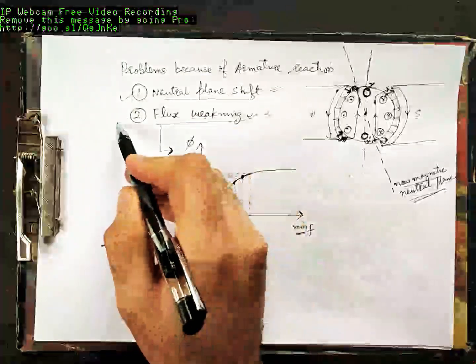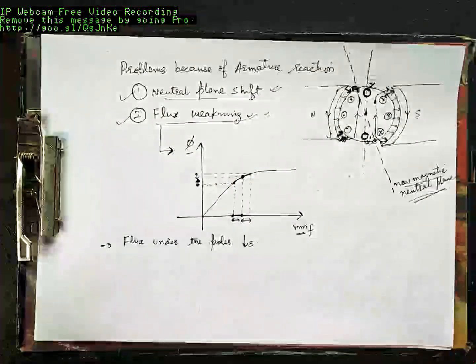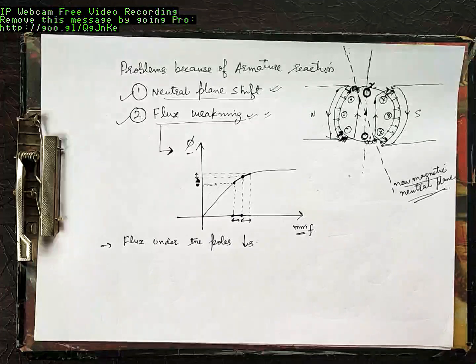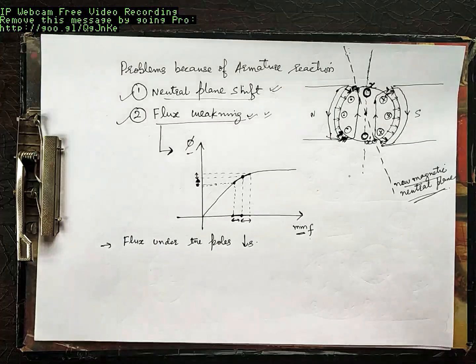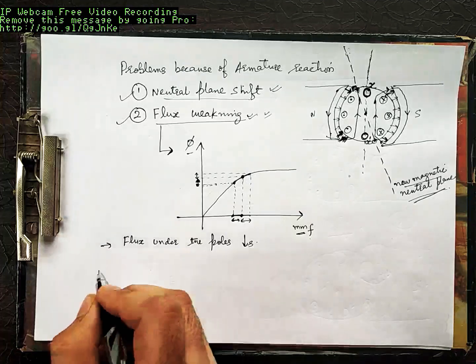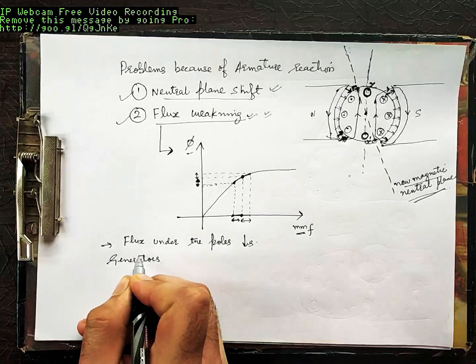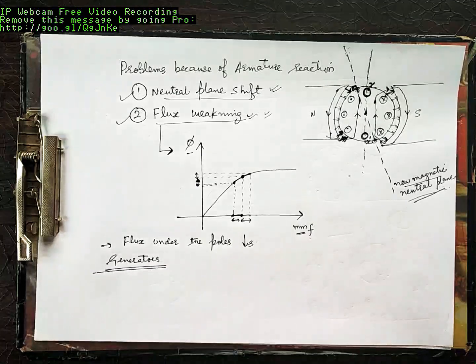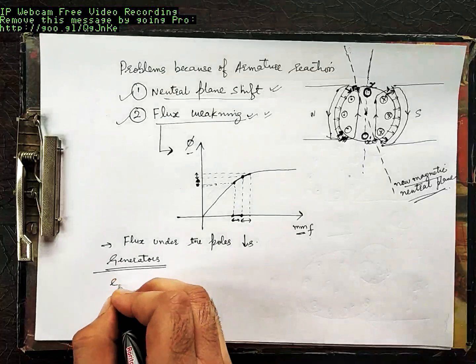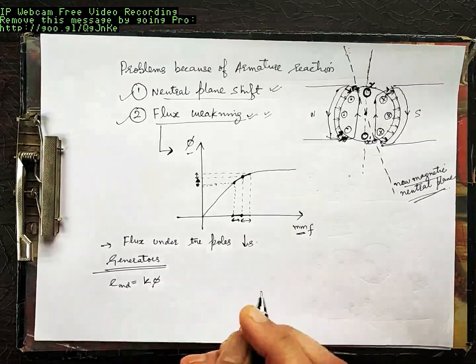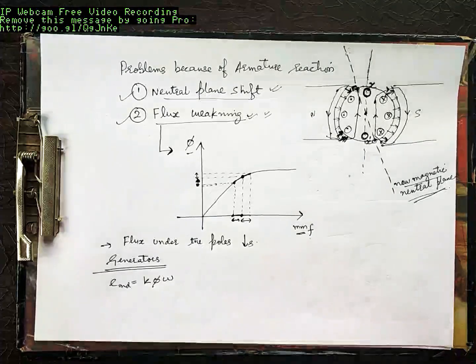And second is flux weakening. Now what problem does flux weakening cause? The problem with flux weakening is that in generators, we know that E induced is equal to K flux per pole into omega.